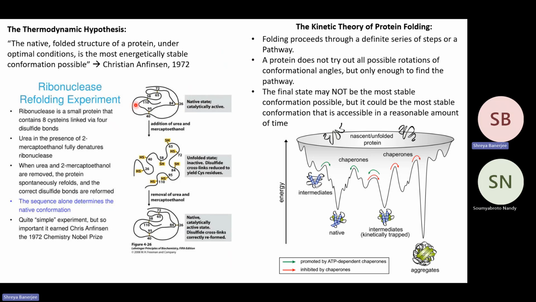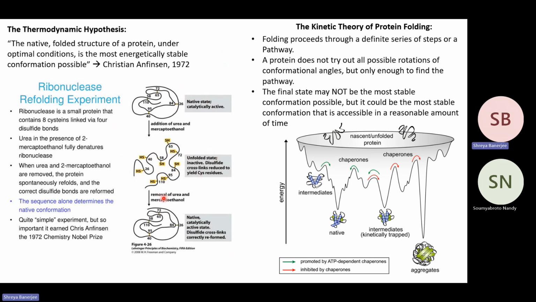Like that, between the 8 cysteines, there are 4 disulfide bonds. Now, this protein ribonuclease is treated with urea in the presence of 2-mercaptoethanol. What this does is break all the disulfide bonds. So all the S-S bonds become SH-SH. So the disulfide bonds are broken and the protein is unfolded.